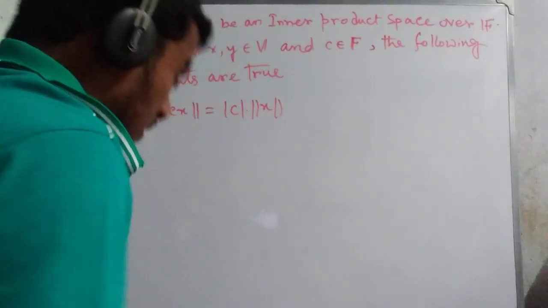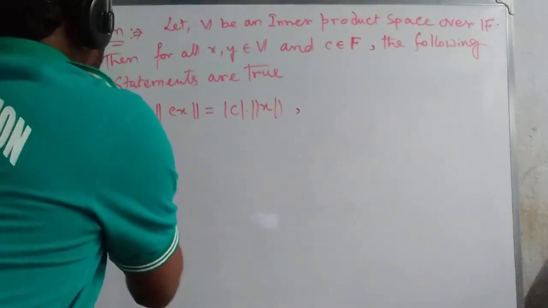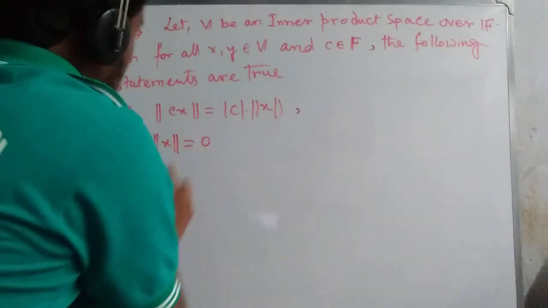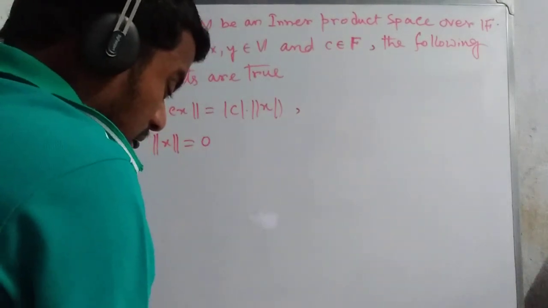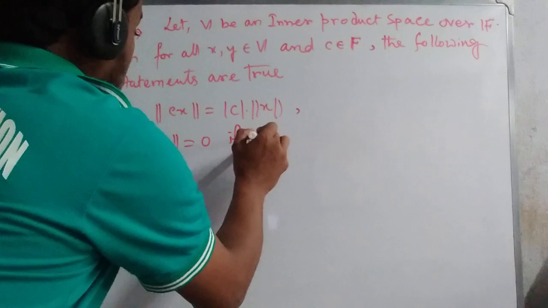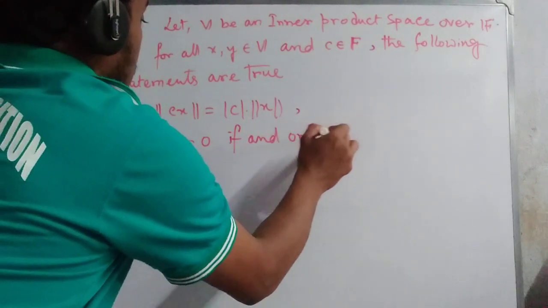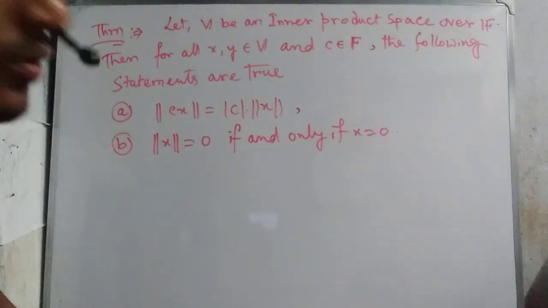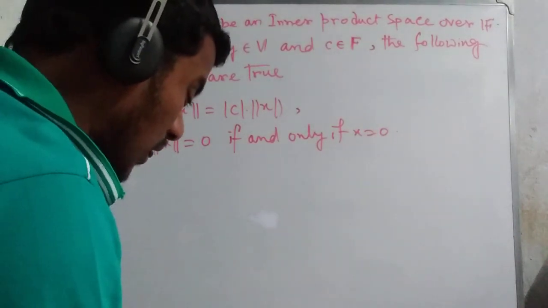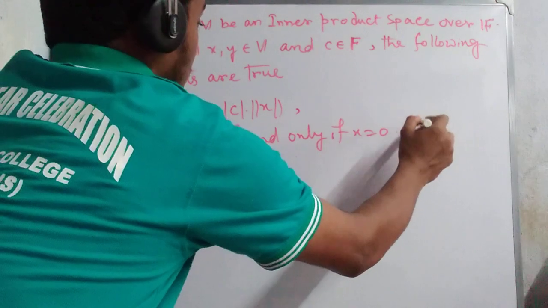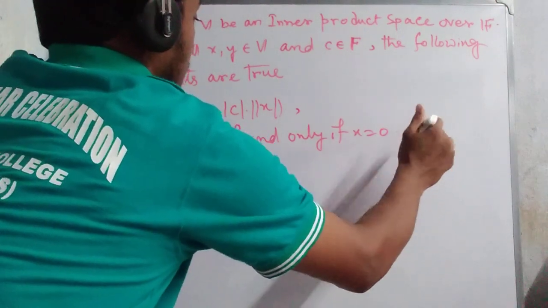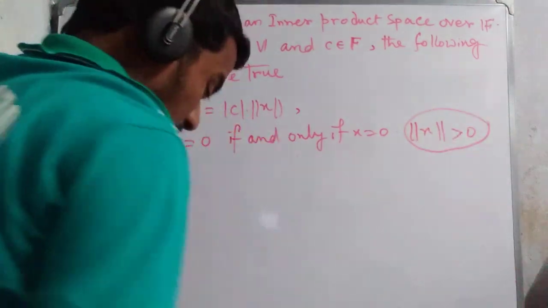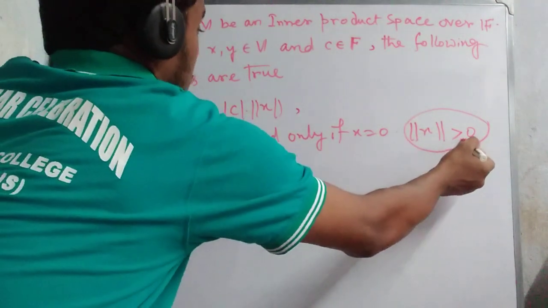Number two, norm of x equal to 0 if and only if x equal to 0. Understood? And in any case the norm of x is greater than or equal to 0.